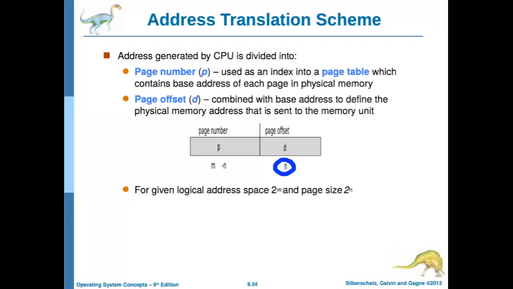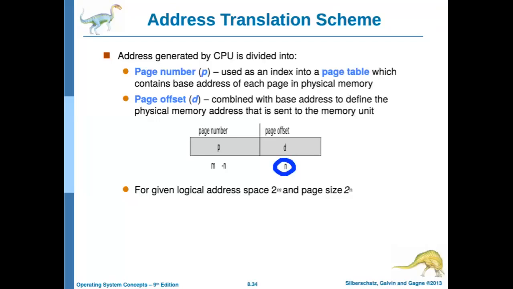So page size is definitely 2 raised to n. The meaning is very simple. If n bits are utilized for the page offset, let us say n is equal to 8, then 2 raised to 8 is equal to 256. So that is the page size.